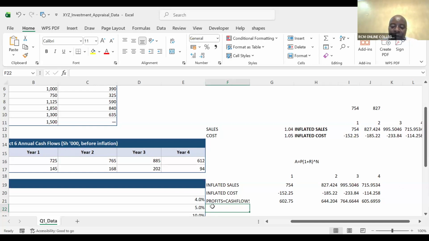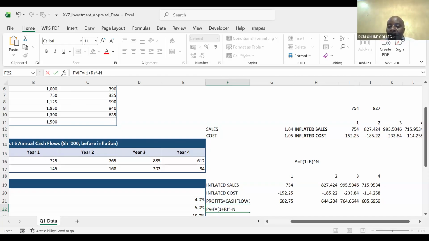Remember, ladies and gentlemen, that PVIF, present value interest factor, we normally talk of one over, open brackets, 1 plus R, close brackets, or raised to negative n, because you're discounting, so the figures reduce.